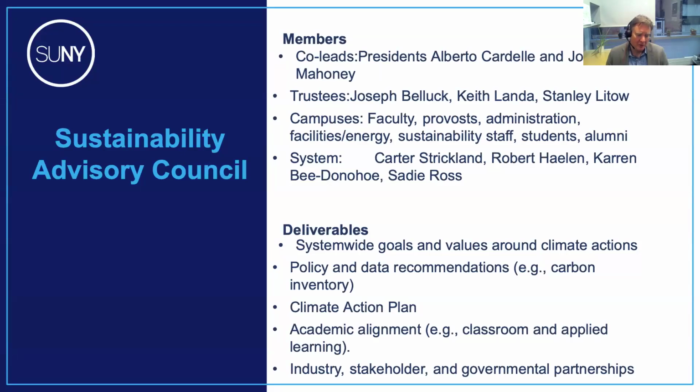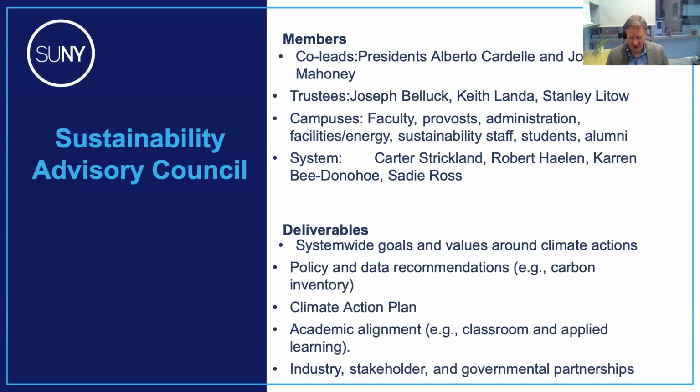So, to do that, we drew on that legacy of our faculty and staff involvement. We created something called the Sustainability Advisory Council to help develop and inform the plan, co-led by presidents. I guess they're not falling in this category of faculty and staff, but that's very important. Of course, trustees, so we want buy-in at all levels, but strong campus presence. We have 53 experts from around the system, and we left it up to the campus presidents to nominate folks to be part of this Sustainability Advisory Council.